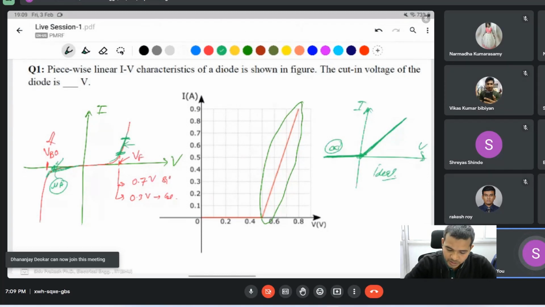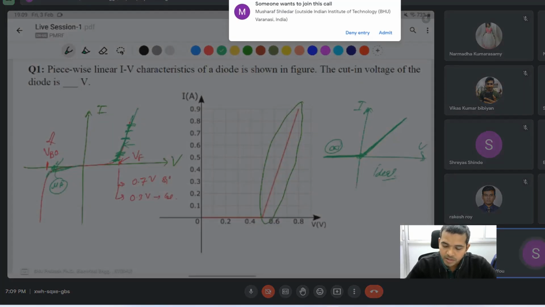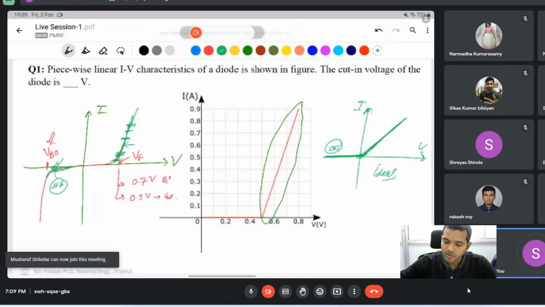Some parts here are linear, and if you zoom in there, we find linear parts too. This is the piecewise linear characteristic. Here a piecewise linear characteristic of a diode is given, and he asked about the cut-in voltage. Cut-in voltage is the forward blocking voltage: the voltage applied in the forward direction at which the diode turns on.